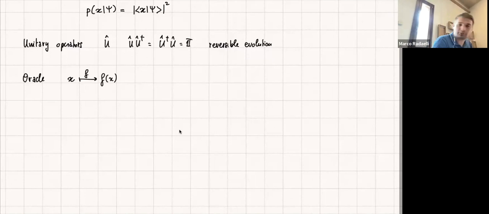For example, an example of a non-reversible function is the AND function. Let's write quickly the truth table of the AND function.